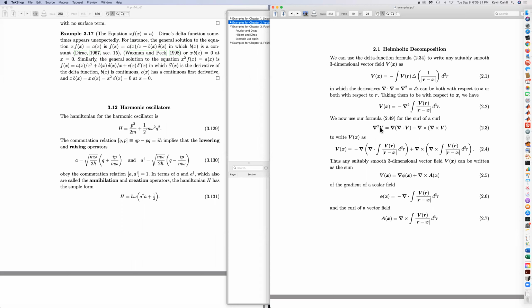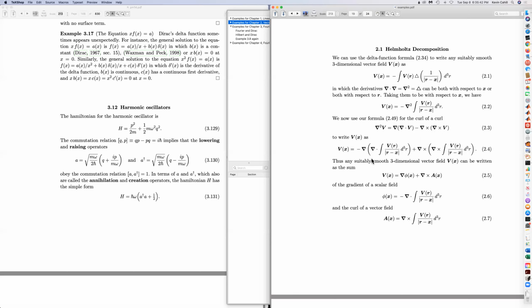And now we can use our formula for the Laplacian of a vector function, which was formula 2.49. And we can then write v of x as minus the gradient of the divergence of v, which is this expression, minus the curl of the curl of v, which is the curl of this expression.